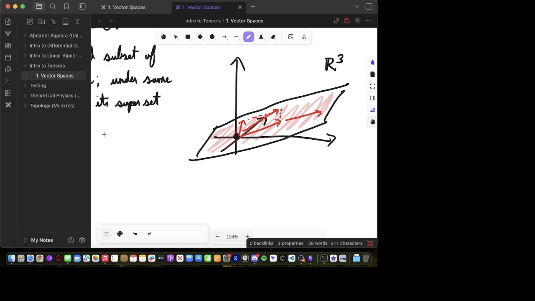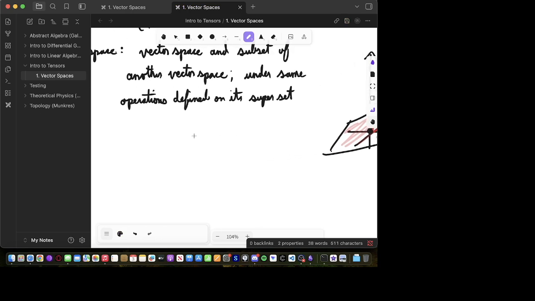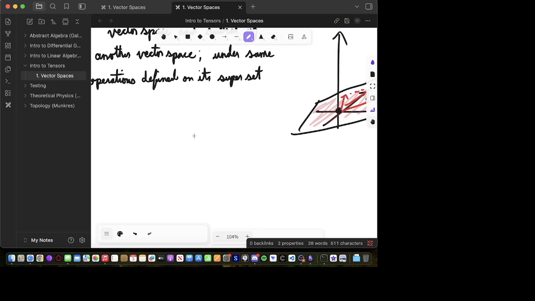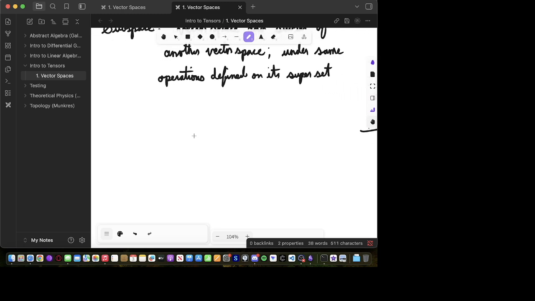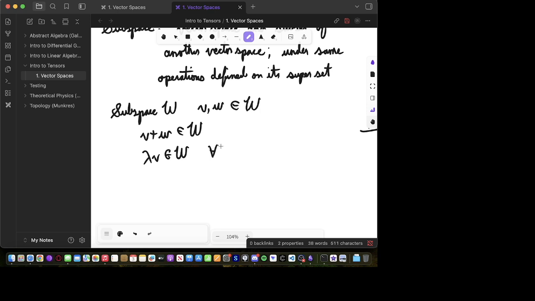And the punchline of this, and the way you can prove that a vector space is a subspace of another vector space, is the following remark. If we have a subspace W and vectors V and W in W, we must always have that V plus W is in W and lambda V is in W for all lambda in the field.